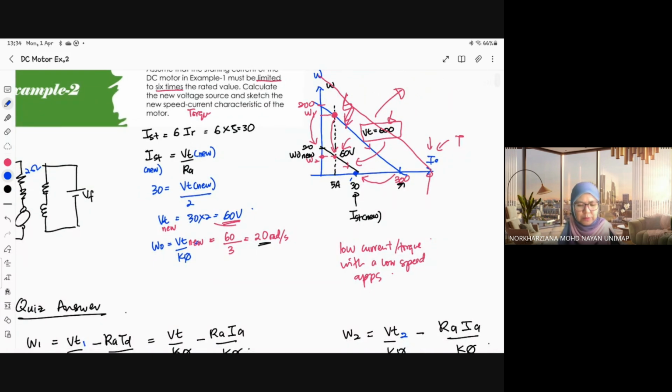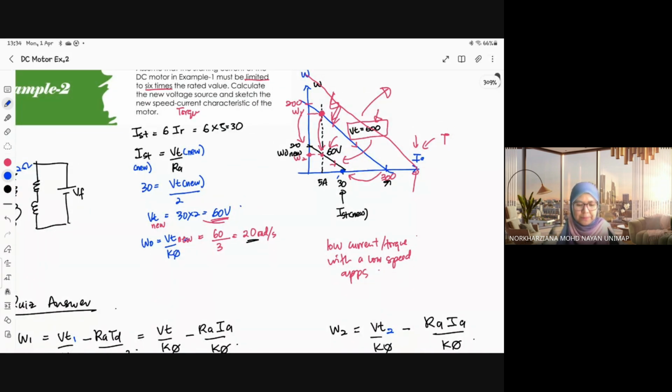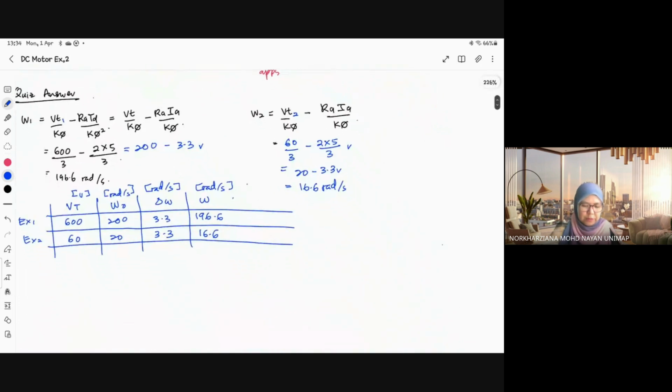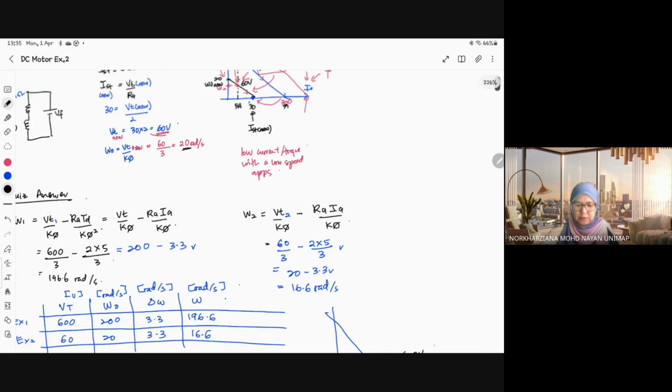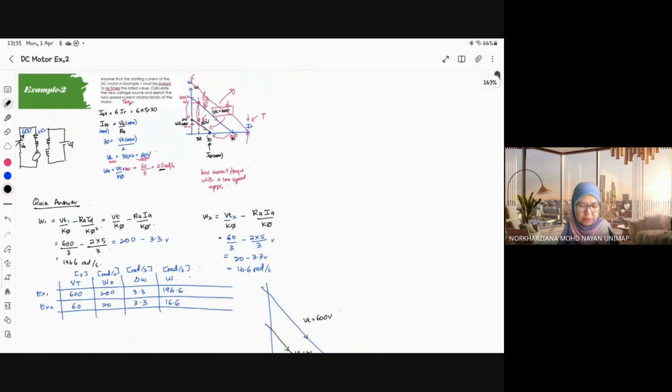I'll draw here. Vt 200. This one is Vt equals 600. Vt equals 60. 300.